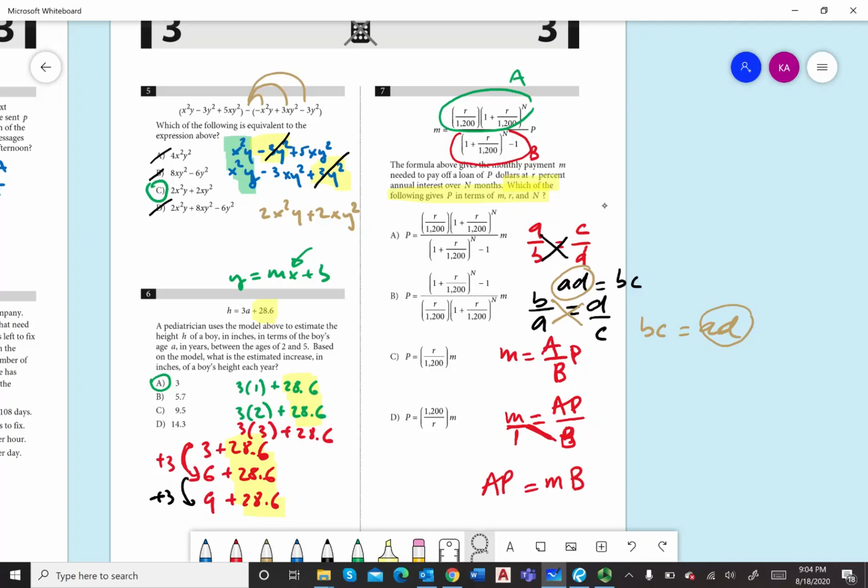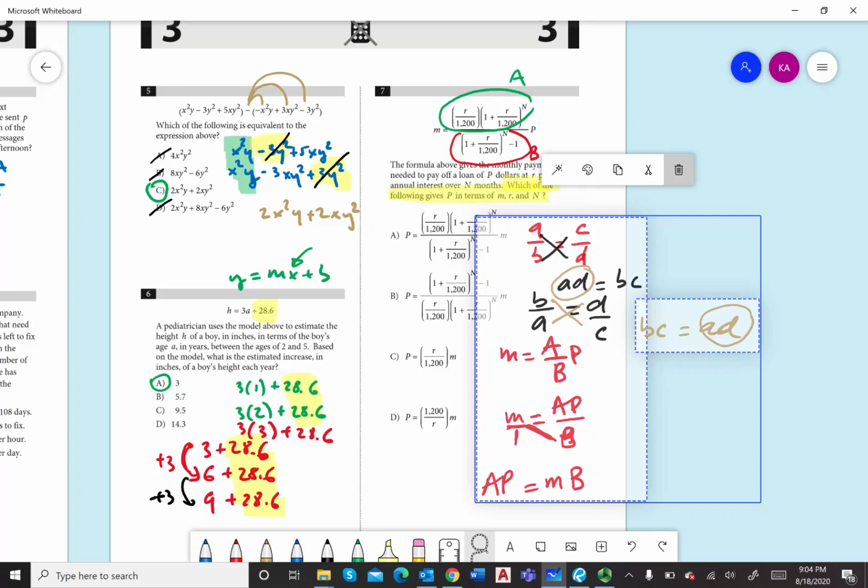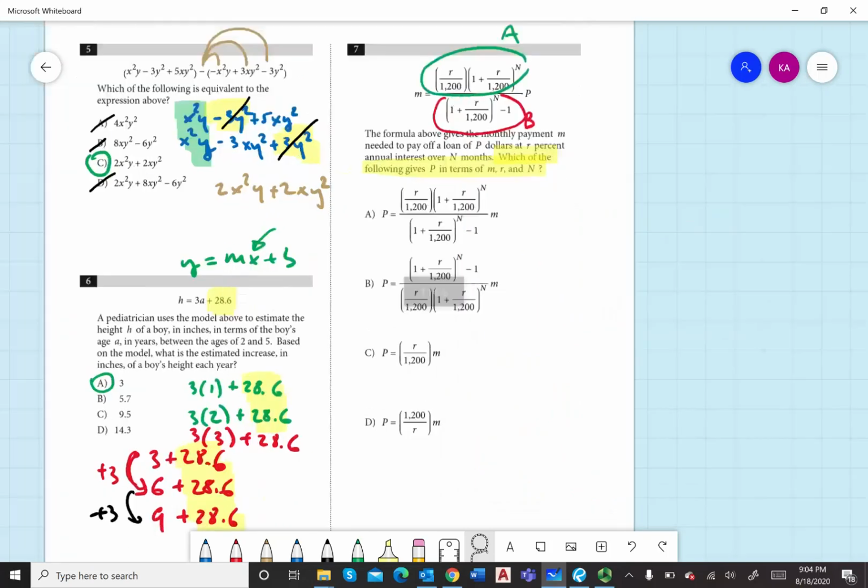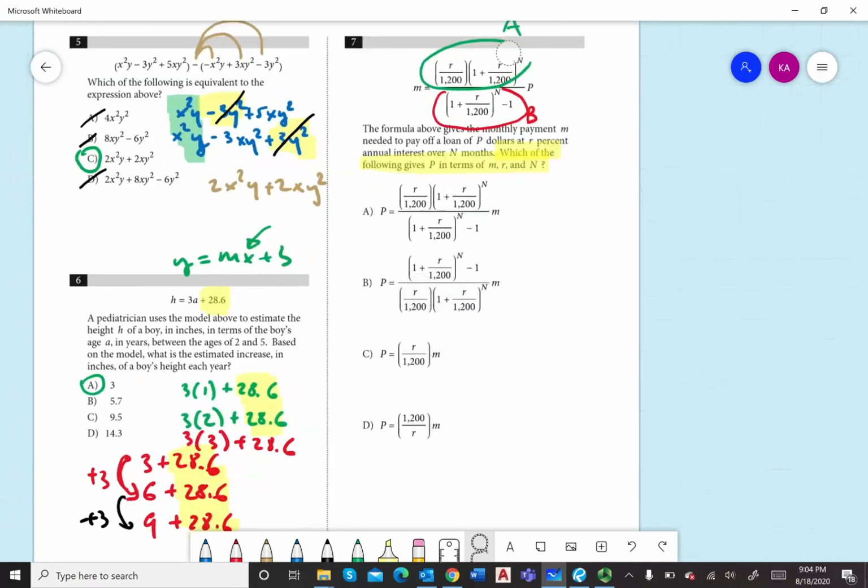When you do the cross multiplication, the items that end up together will keep ending up together. So now that we understand that concept, let's go back to the problem. That was just to explain the concept.